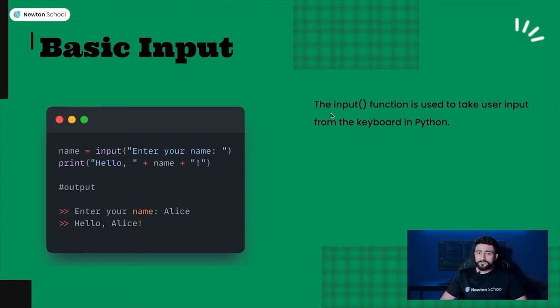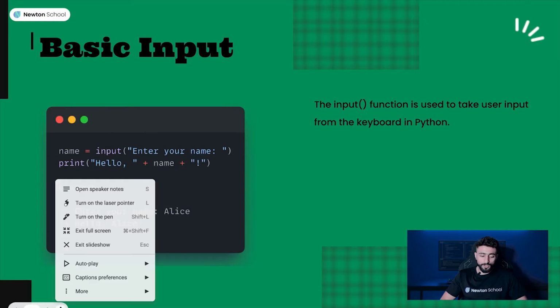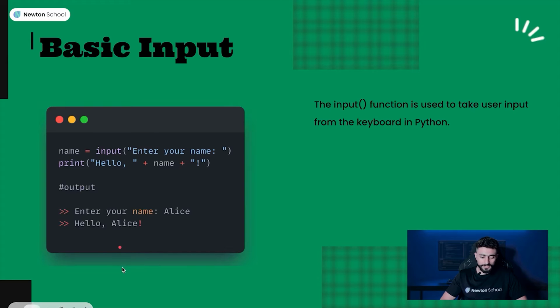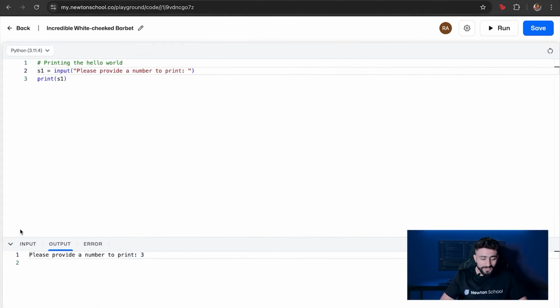To take input into Python code, there is a function called the input function. The input function is used to take the user input from the keyboard. So you have to use this function called input, and whatever input you give, it will take it.